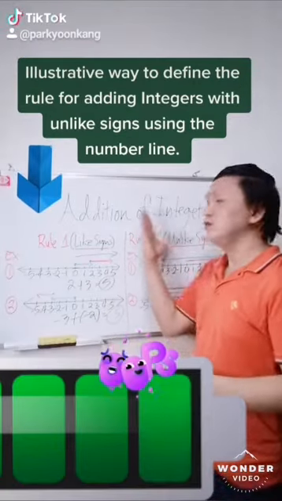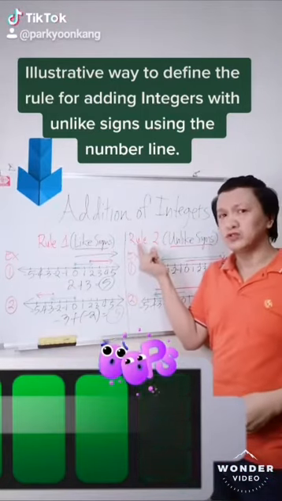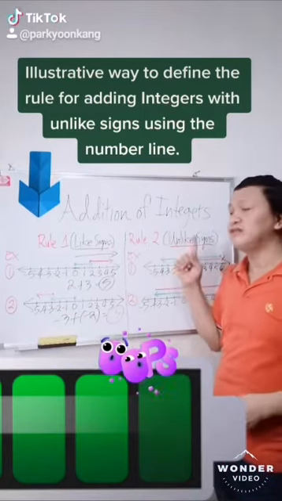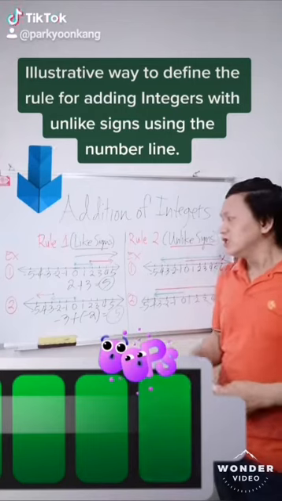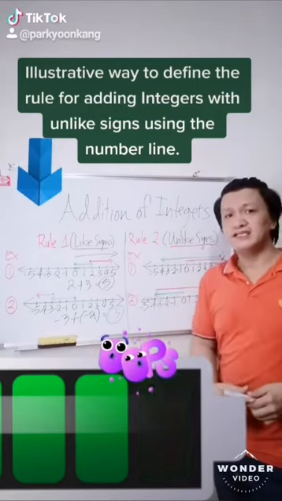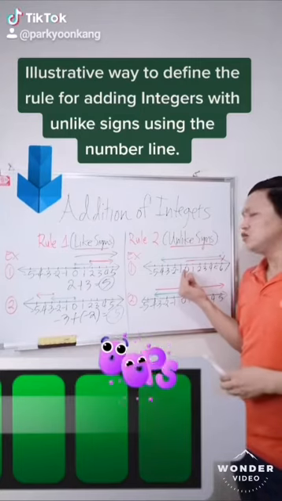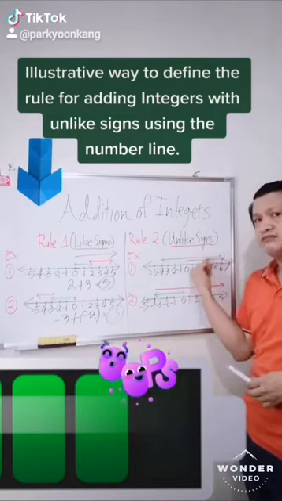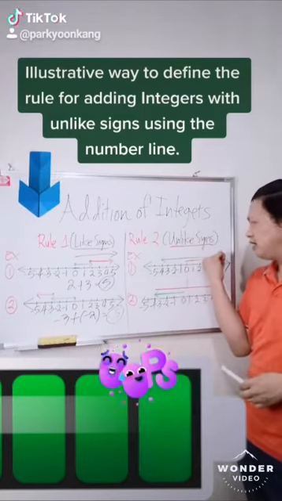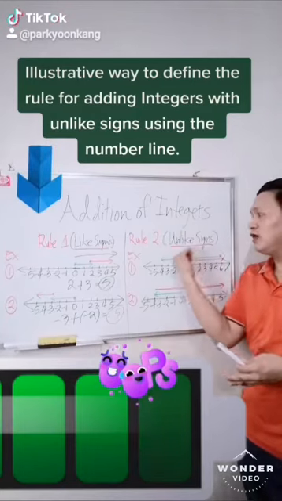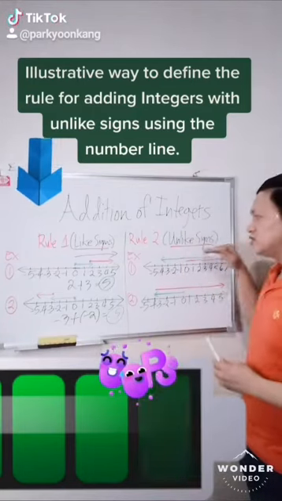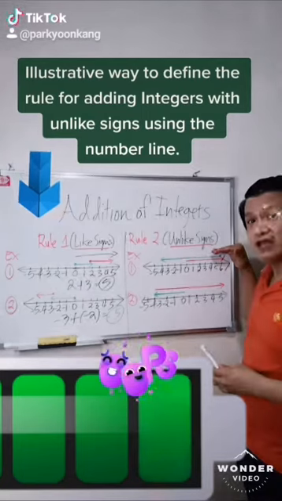Now, how are we going to define rule 2, which is adding of integers with different sign or unlike sign? We are going to do first example number 1. From 0, you are going to move 6 places going to the right, meaning this is positive. And then another move going to the left, this is negative, 10 steps.